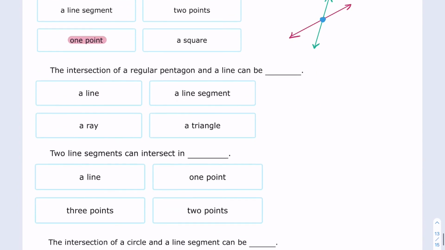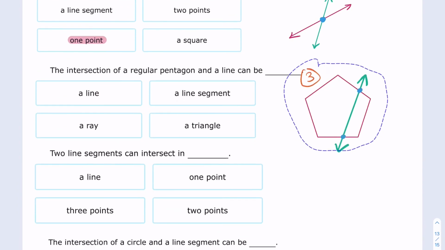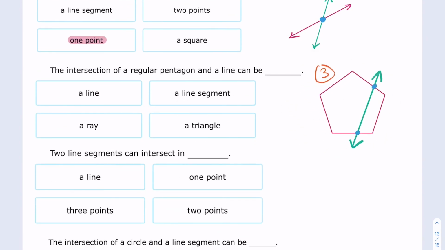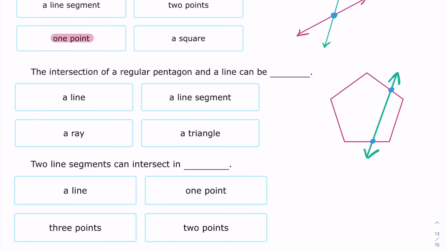Let's see if that's also an answer that they have here. So an intersection of a pentagon and a line can be, yeah, it can be 2 points, but what's another option? Well, it could be a line segment. If I move it right there, that could also be a line segment.